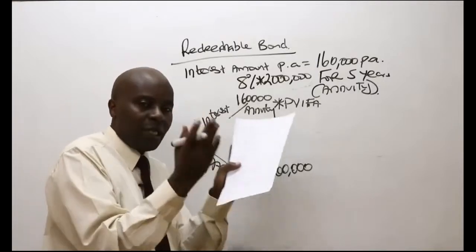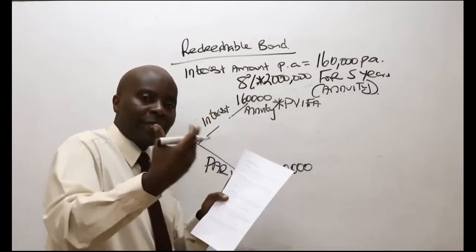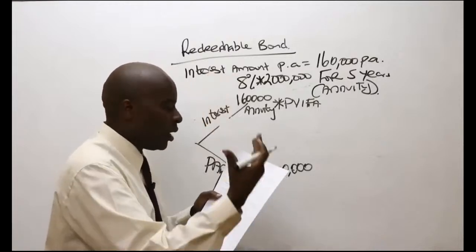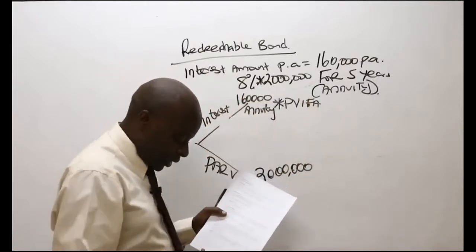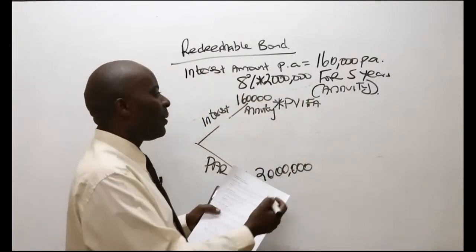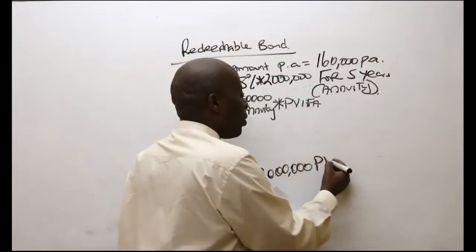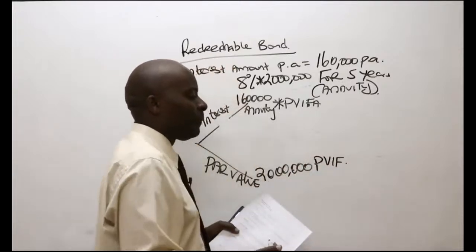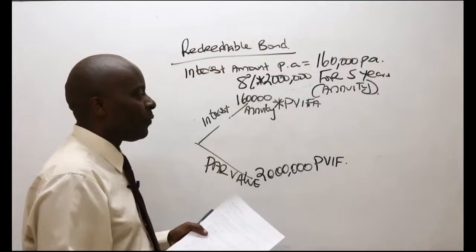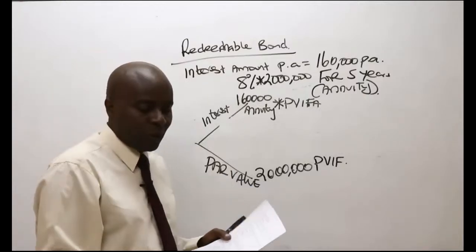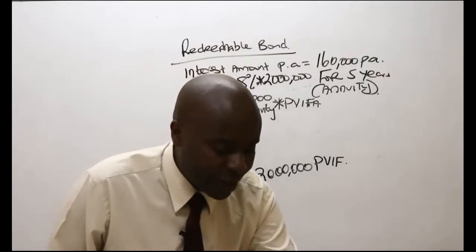Because it is a single lump sum amount, not a series of figures, we need to multiply this with the PV. And therefore, ladies and gentlemen, I would want us to understand this very well.